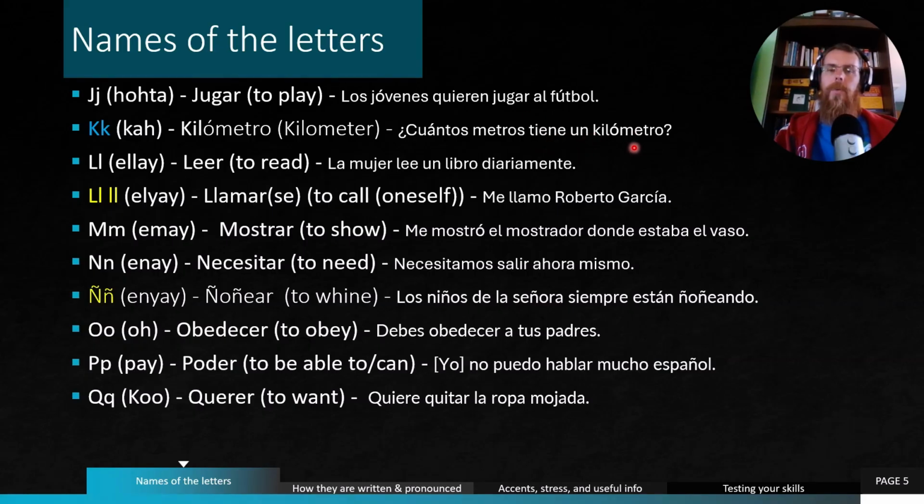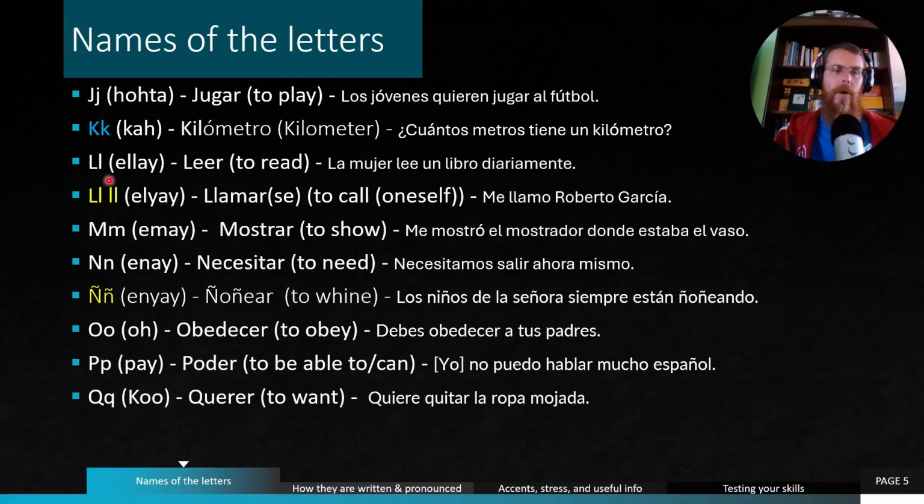So tiene has to do with kilómetro. So this is how many, cuántos metros, how many meters. Tiene un kilómetro, has a kilometer. So basically, how many meters does a kilometer have? Or how many meters are there in a kilometer is a way of translating this.